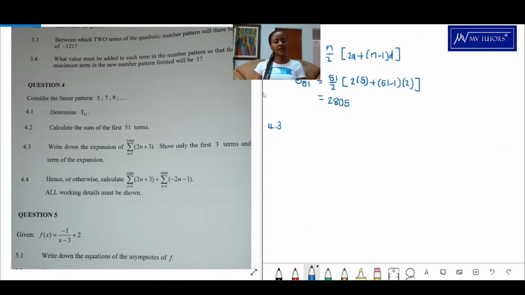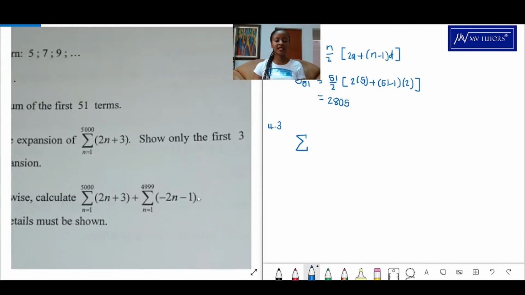Okay, and then now we get to 4.3, where it says write down the expansion of that sigma. I know a lot of people, when they see sigma, they start getting concerned. Guys, please, sigma is not something to be scared of. That's just basically saying the sum of, okay? The sum of, so looking at your specific pattern that you have, whether arithmetic or geometric.